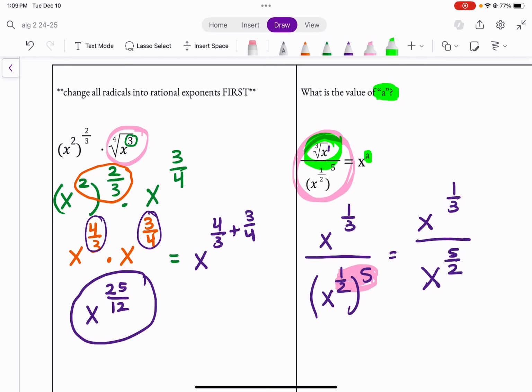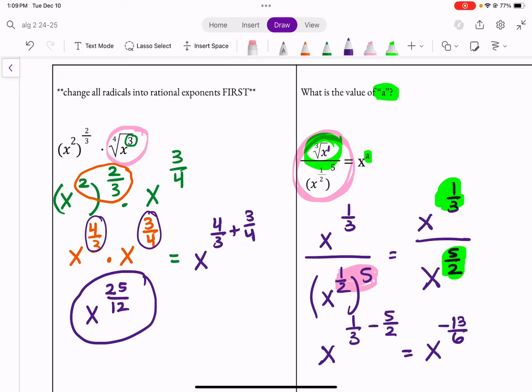Now, because you're dividing, you're going to subtract the exponents. So you're going to get 1/3 minus 5/2, which you should just do in your calculator. Okay, so x to the power of, let's see, negative 13 over 6.